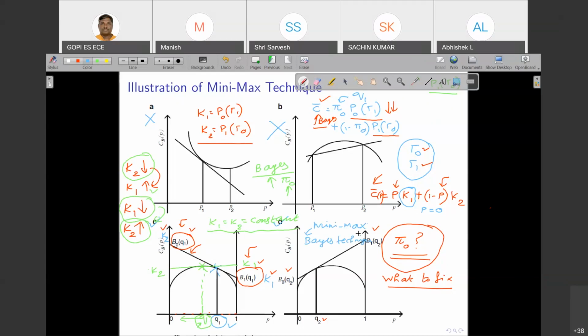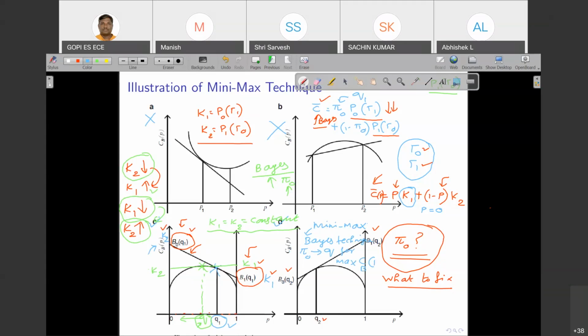But you have to fix the prior probability pi naught as Q, for which you are getting the maximum value of this Bayes cost when this prior probability is changing all the way from 0 to 1. Or if I am calling this as a function CB of P, you have to choose pi naught to be Q for max of CB of P.